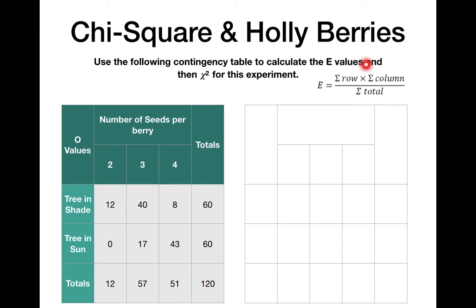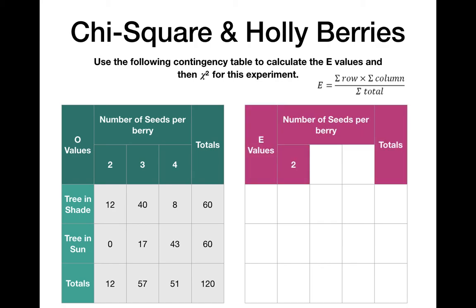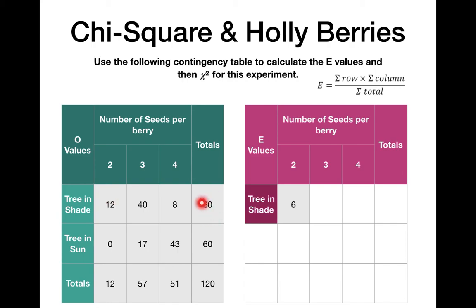So to figure out my expected, I have to use this formula. So the tree in the shade is going to be 6. I have the sum of the row, which is 60, times the sum of the column, which is 12, divided by the sum of the total, which is 120. And that for this one gives me 6. Same thing here, 60 times 57 divided by 120 gives me 28.5.